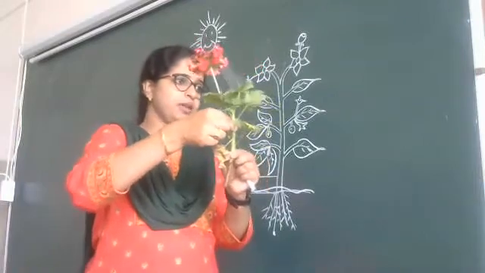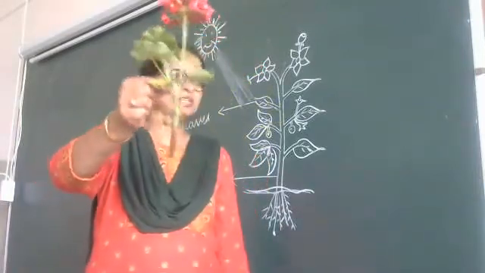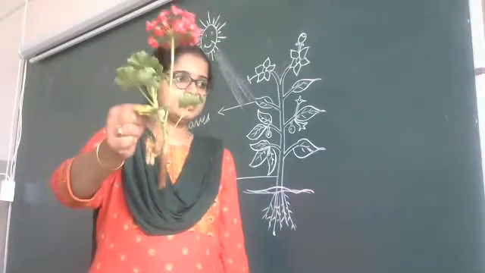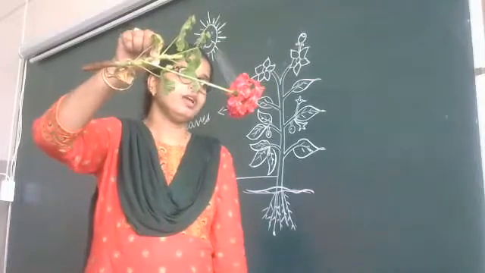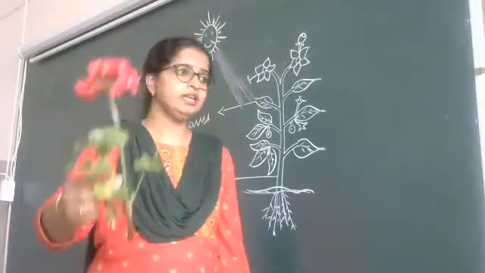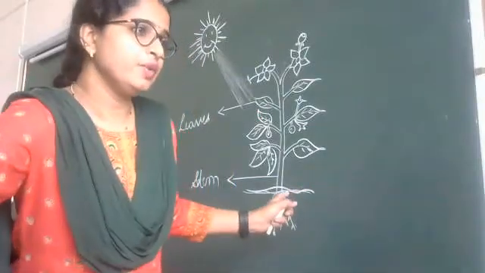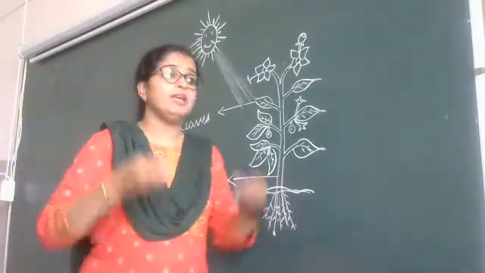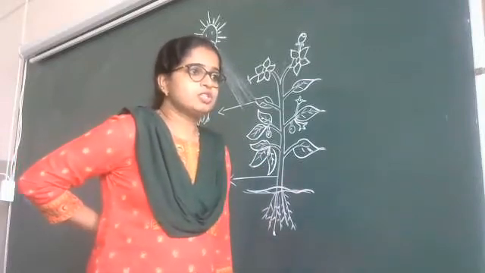Yes or no? If the stem is strong, then only this plant can grow upright. It can stand like this. If the stem is weak, it may bend like this and it may need some support to grow. So this stem is very important. Just as in our body we need the backbone to be very strong.